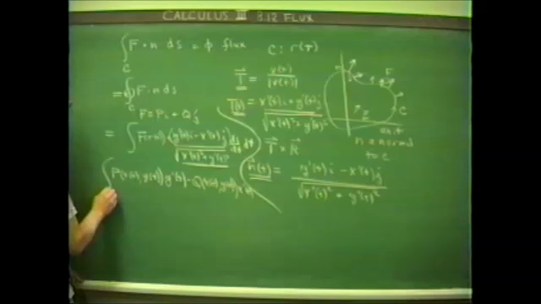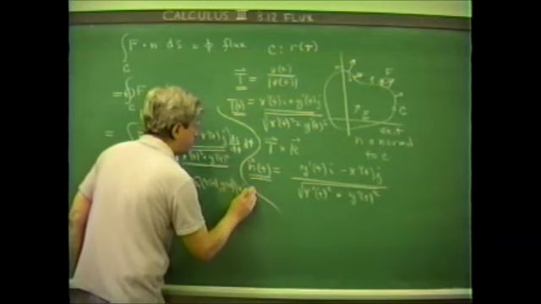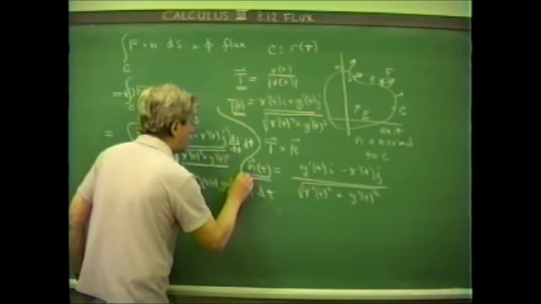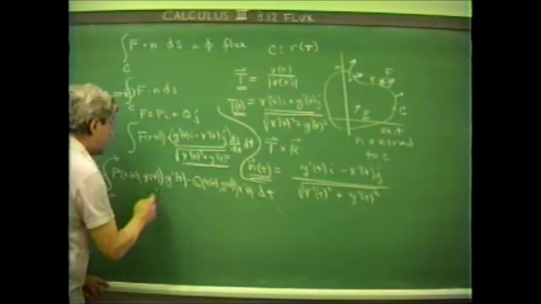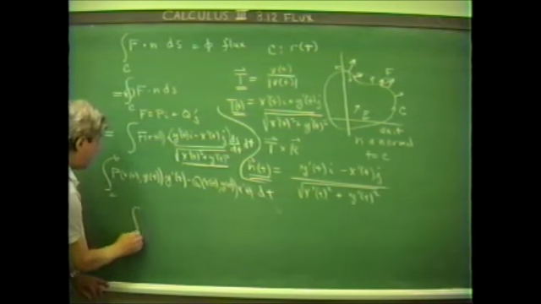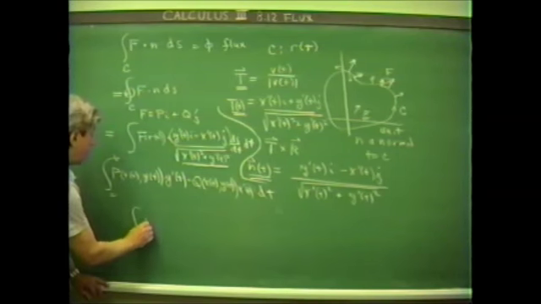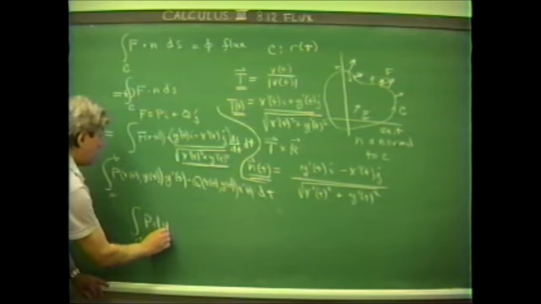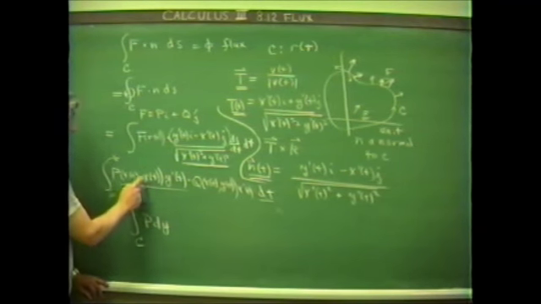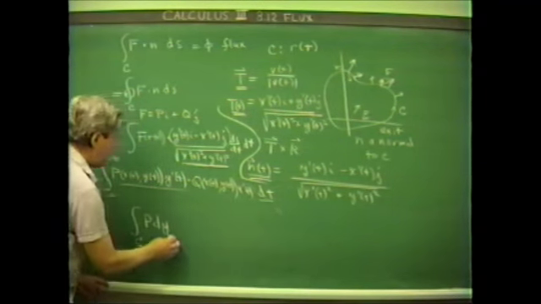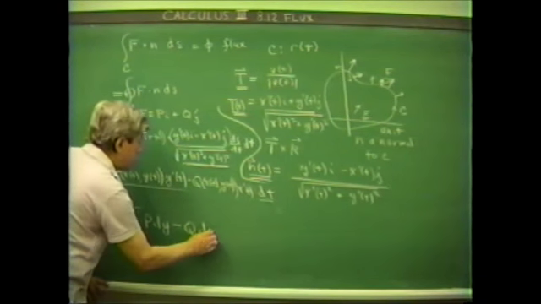So we want to integrate this from a to b with respect to t, if the parameterization was from a to b. That's to say, this is equal to the integral around C of p dy, that's how you compute p dy, p of x of t, y of t times y prime of t dt, minus q dx.